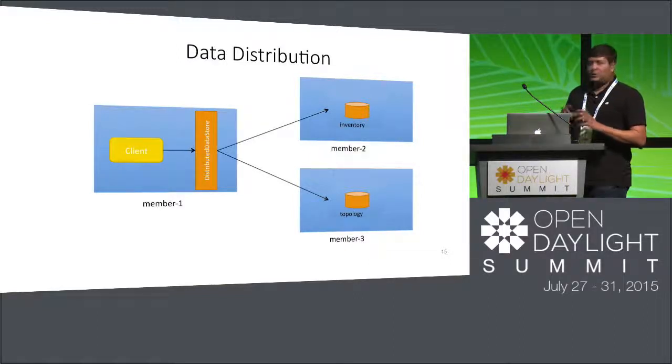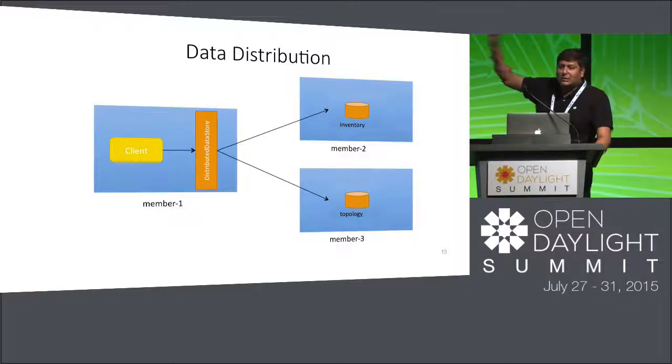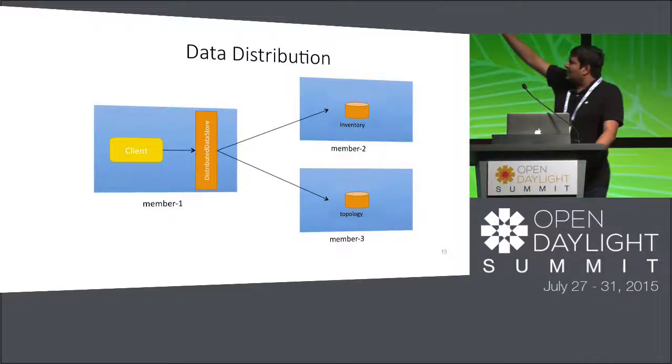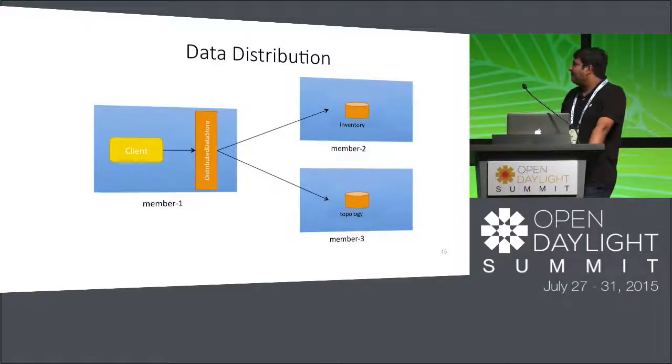So what you really want to do is break it up into smaller subtrees and distribute it across the cluster. This also works with this implementation, where you can have inventory on member 2 and topology on member 3, and if you have a larger cluster, maybe inventory is on a subset of that cluster, topology is on a subset of that cluster, and things like that.